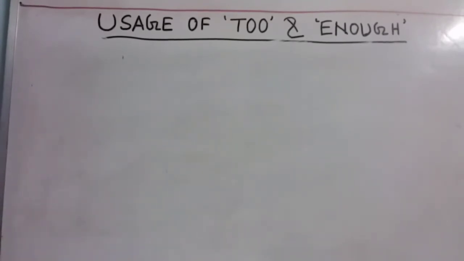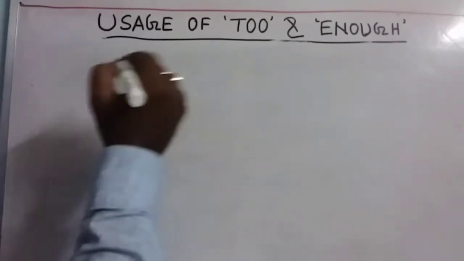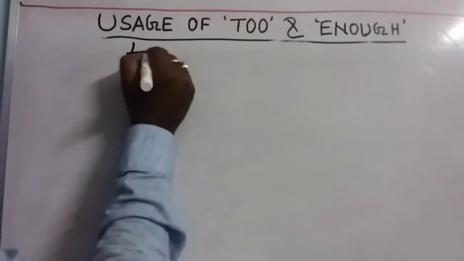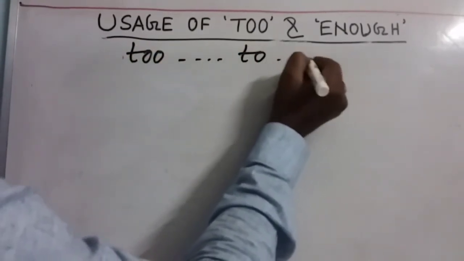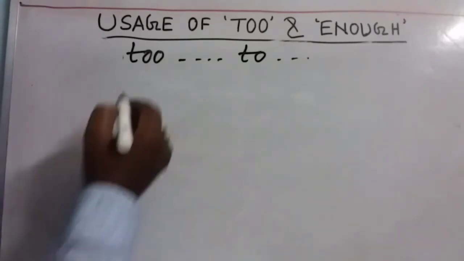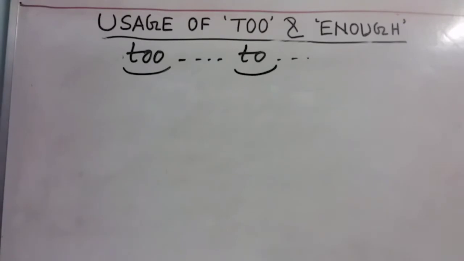I'm going to write down an example of the actual use of "too". Actually, it is properly used in this structure: first of all "too" and after that "to". This is the actual structure of the adverb "too".